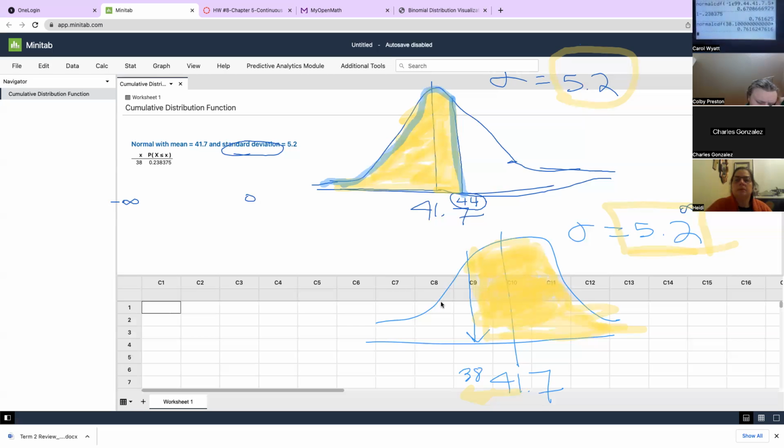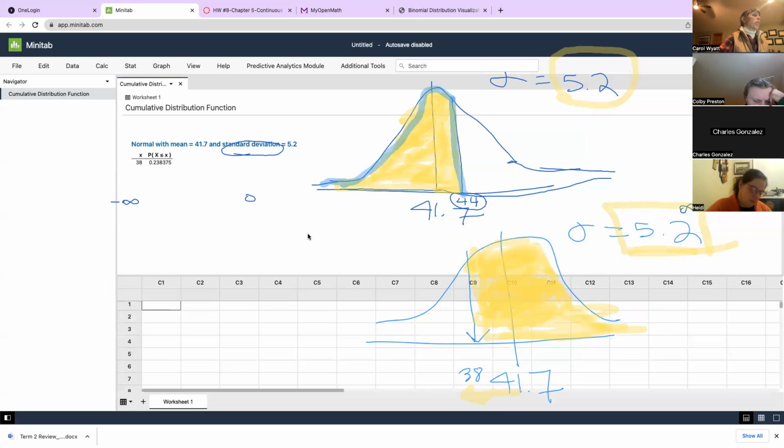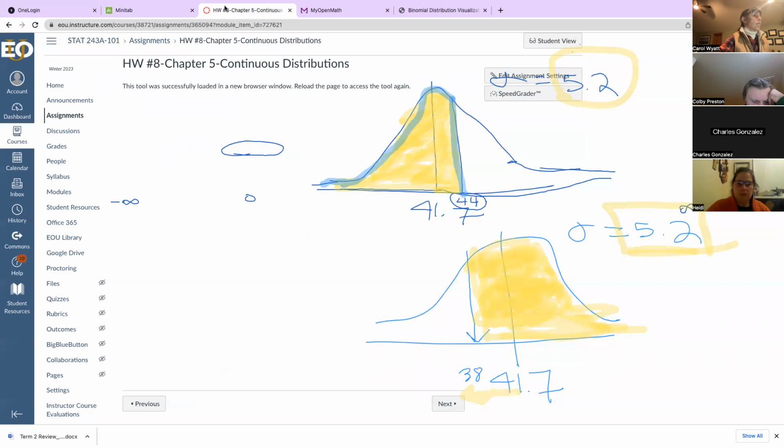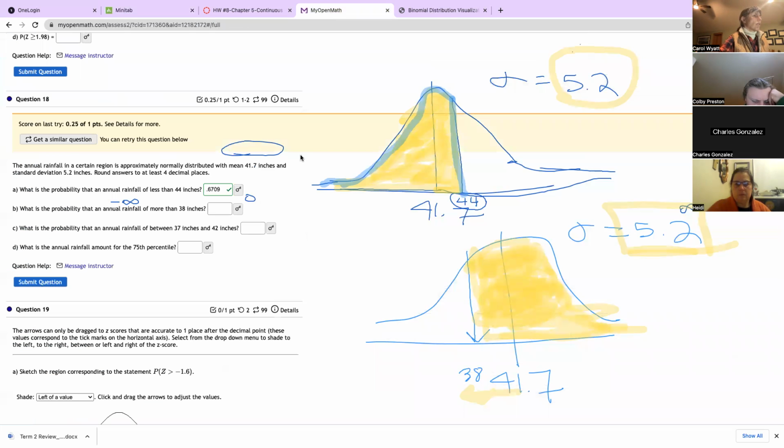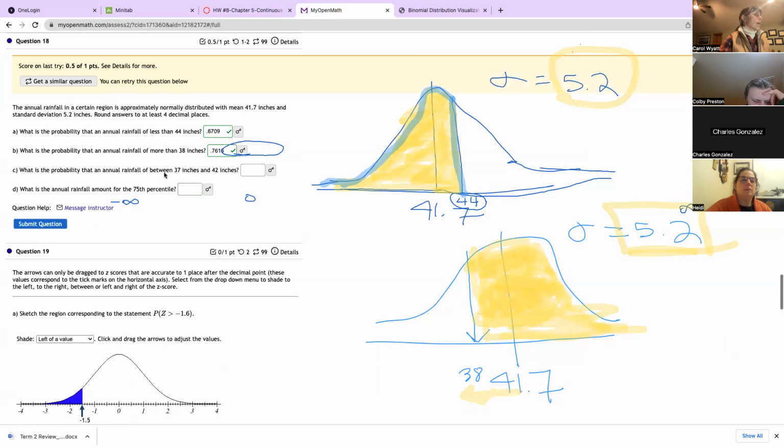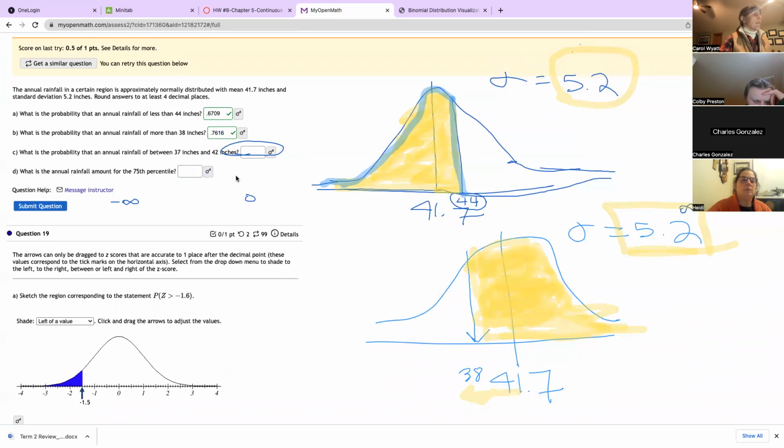And I'm getting the exact same number there. Going back to that problem. Okay, so this one was 0.76162. Okay. What's the probability it's between 37 and 42?